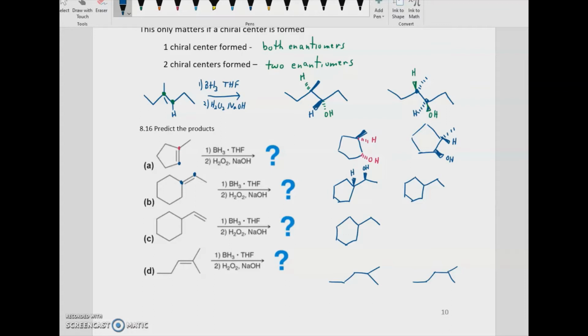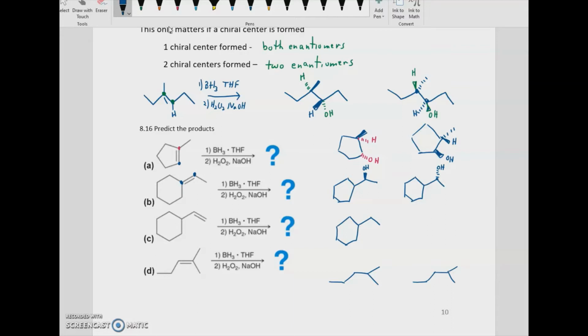This is not a chiral center, though, so we won't make it a dash. Sorry about that. Not a chiral center, so we don't even need to put the hydrogen on there. The hydroxy could be on a dash. Okay.